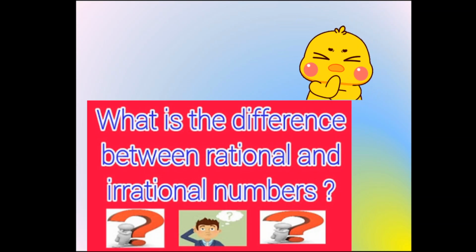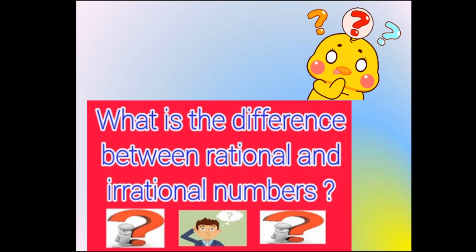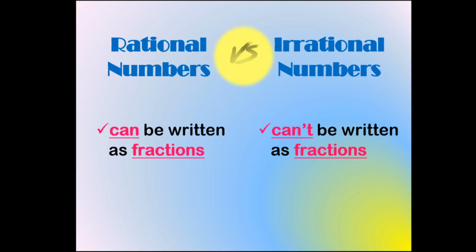So what is the difference between rational and irrational numbers? Rational numbers can be written as fractions, whereas irrational numbers can't be written as fractions.